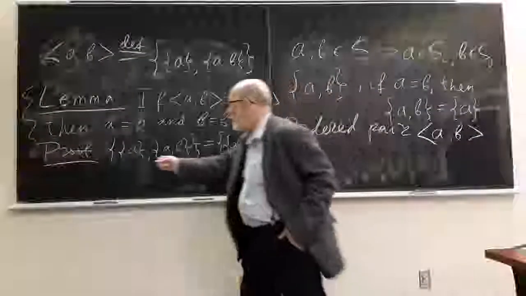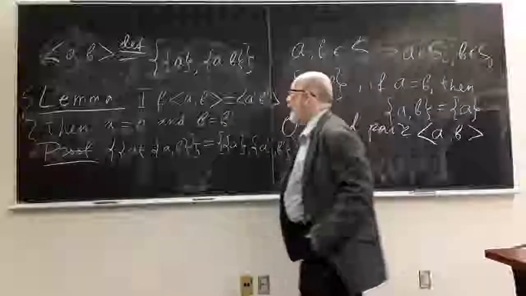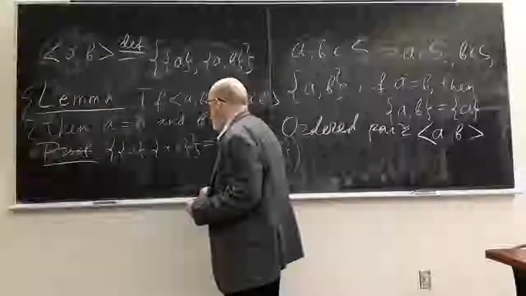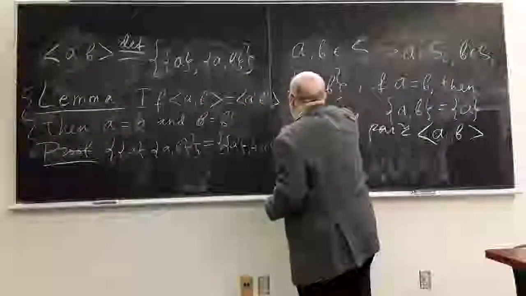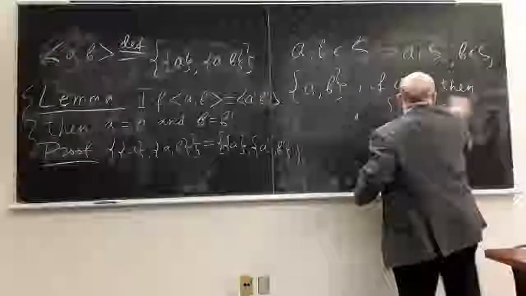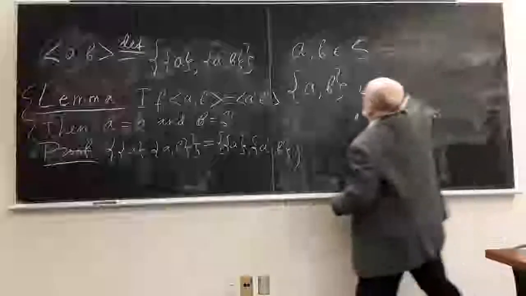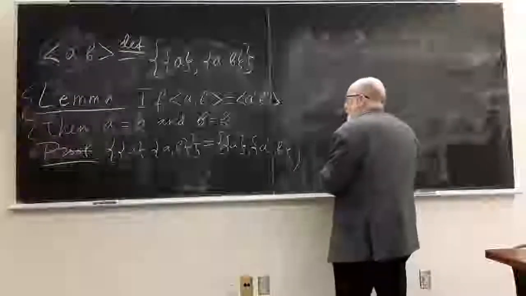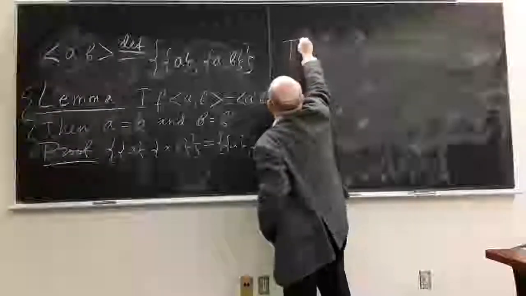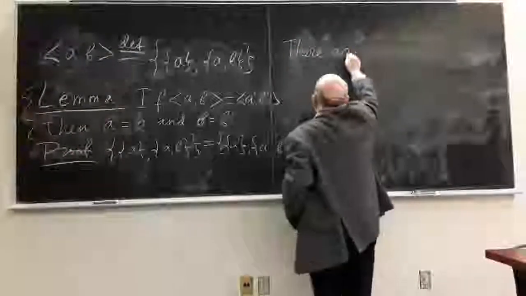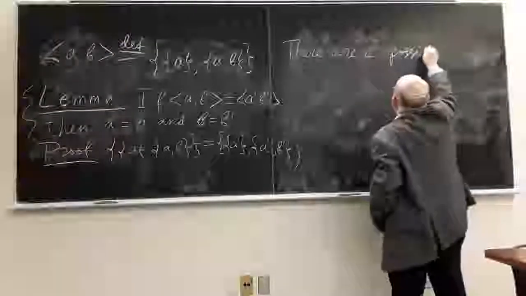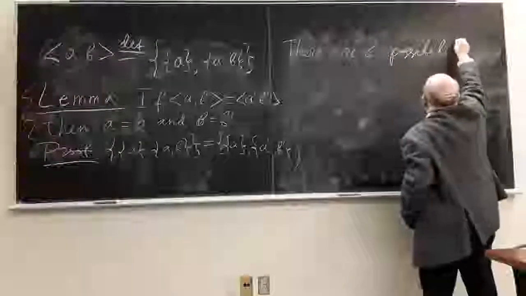So here we have two sets, defined by their elements, and there are two possibilities.